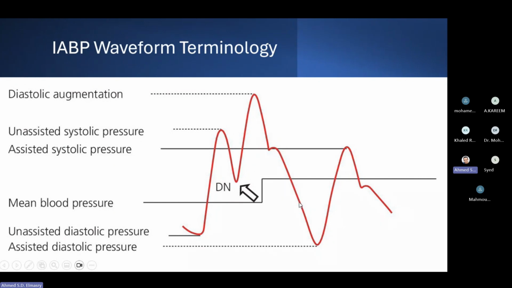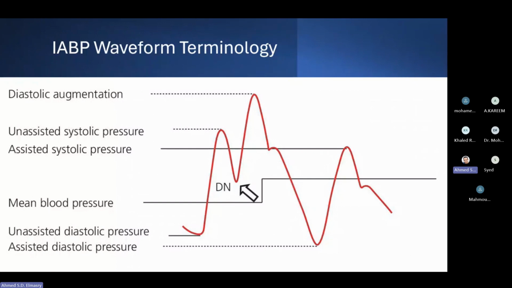Deflation of the intra-aortic balloon will decrease or drop the pressure inside the aorta. So you will get what is called assisted end-diastolic pressure, and the assisted end-diastolic pressure ideally should be less than the unassisted end-diastolic pressure. And also the next wave is the systolic upstroke, and you will get the peak here, which is called the assisted systolic pressure.